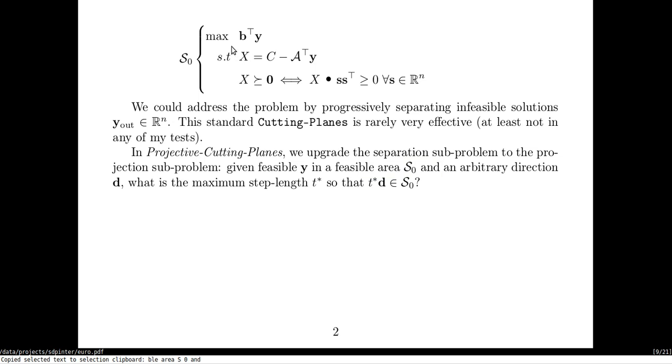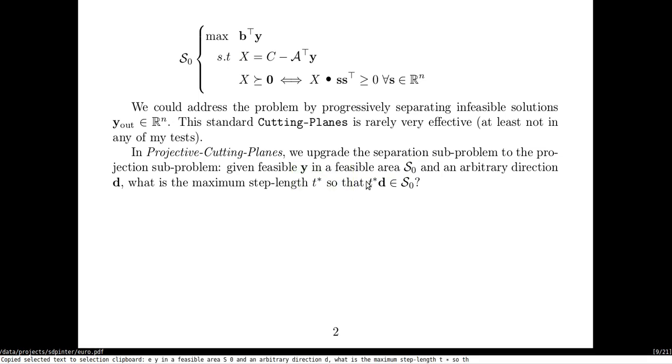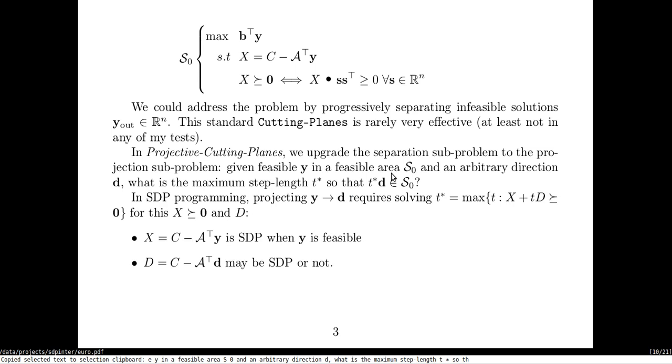That means that the associated X is SDP. What is the maximum step length t star, so that, sorry, there is a mistake here, so that y plus t star d remains feasible? It will be written more clearly this way.